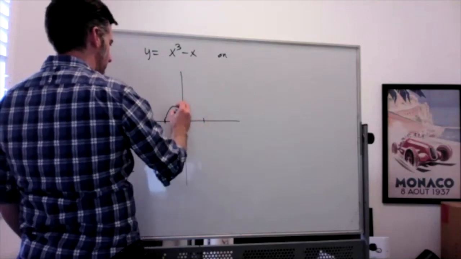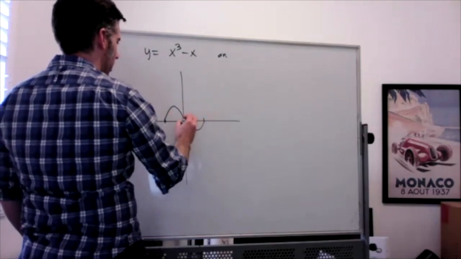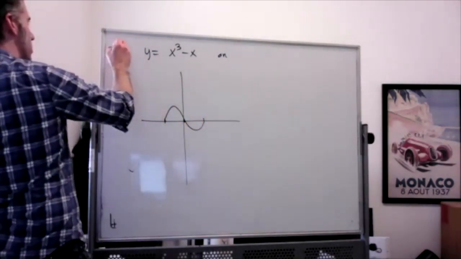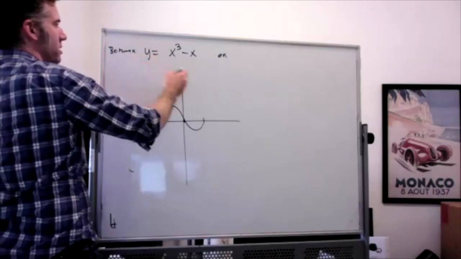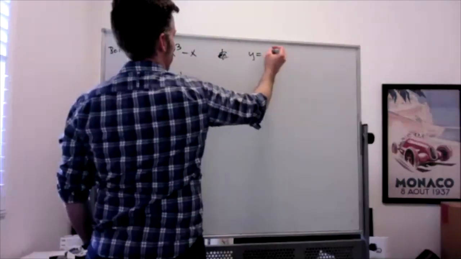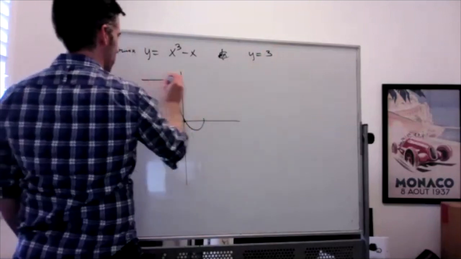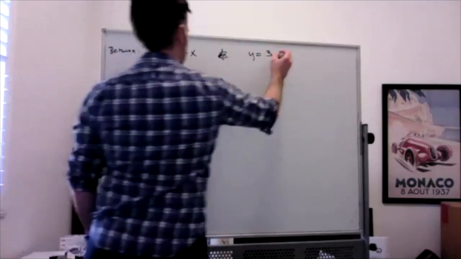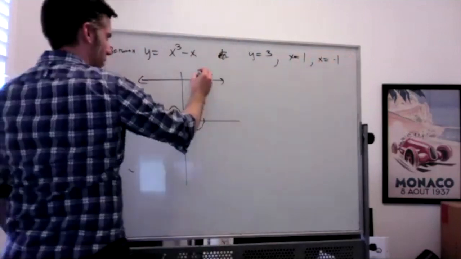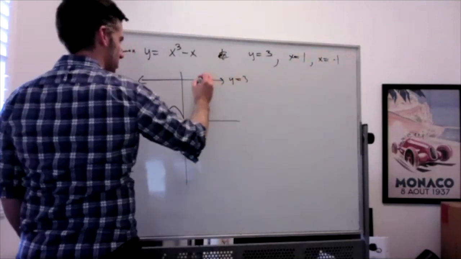It looks kind of like this. And I want the region between this and y equals 3 and x equals 1 and x equals -1. So I want this region.